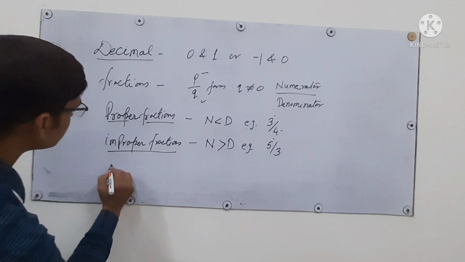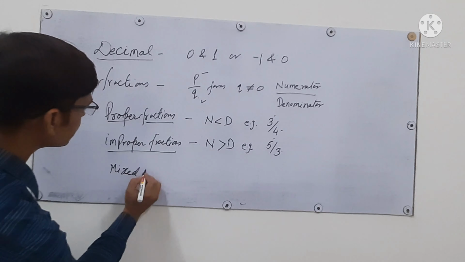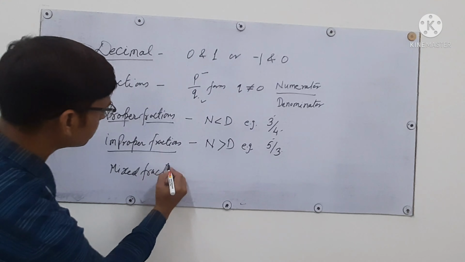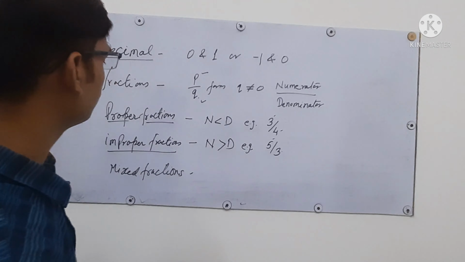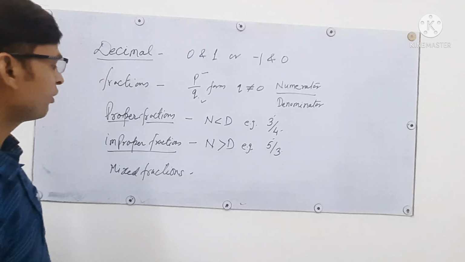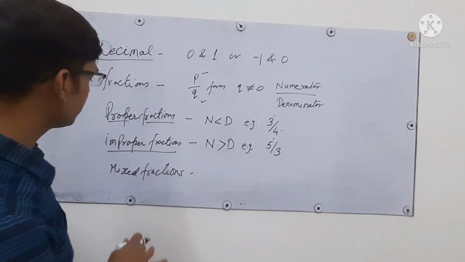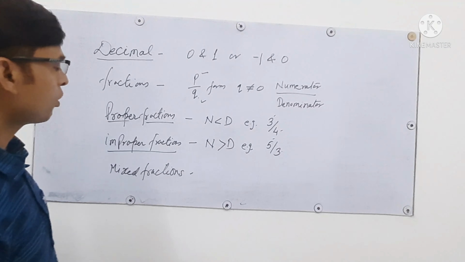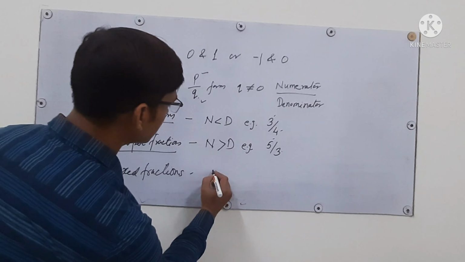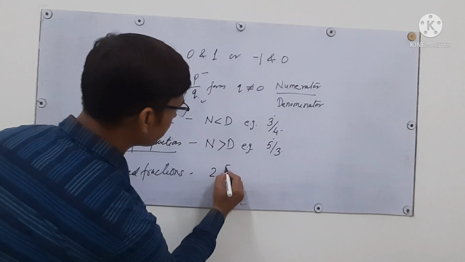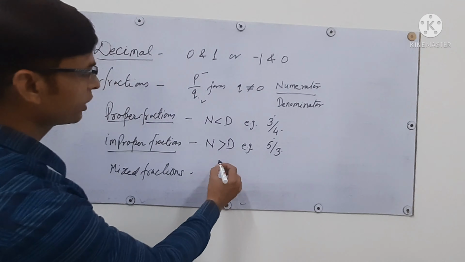And what are mixed fractions? Yes, tell me, what are mixed fractions? Mixed fractions are actually the combination of a whole number and a fraction, such as 2 and 5/8.